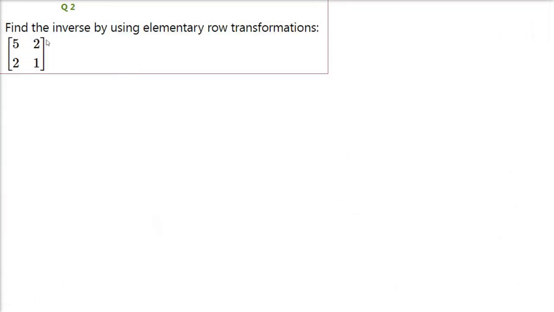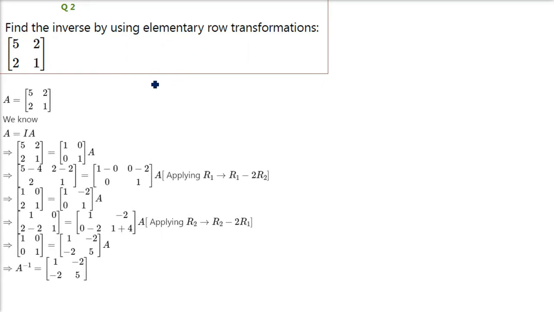So there are multiple questions exactly like this. I'm not going to do that thing, but I'm just proceeding. Okay. So A equals I into A. Same thing here. We have to make this one diagonal as 1 1 and other values as 0 0. A equals IA we are going to perform.